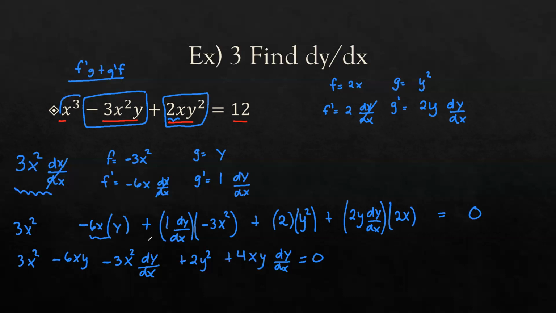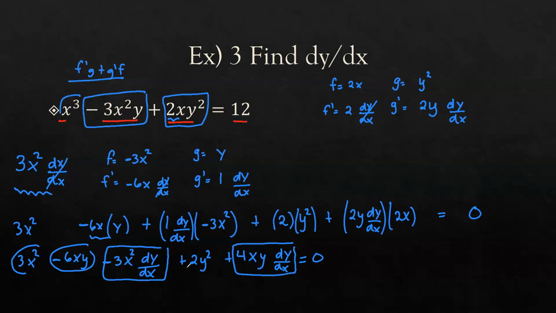So remember, what we're going to do is get anything with a dy dx on one side and anything that doesn't have a dy dx on the other side. This one has a dy dx, this also has a dy dx, and you have this 3x squared, negative 6xy, 2y squared. They don't have a dy dx, and you cannot combine them, so just move it all to the other side.